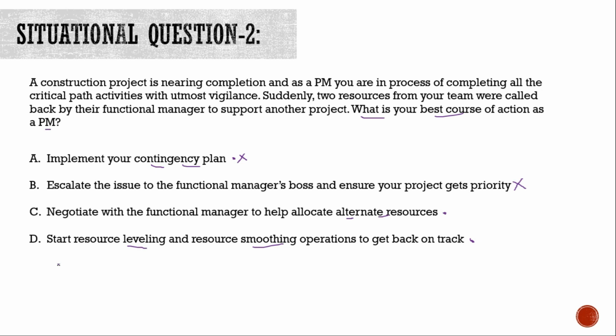That way you are not behaving as an ideal project manager, and that is why this option, which is option D, is a wrong option. So we have option C, which is the correct option, and that is negotiating with the functional manager to help allocate alternate resources to your project, and that is the best course of action you can take as an ideal project manager for this question.